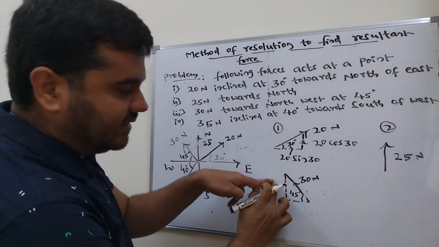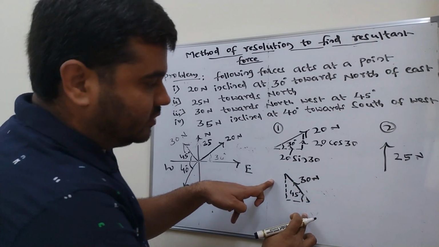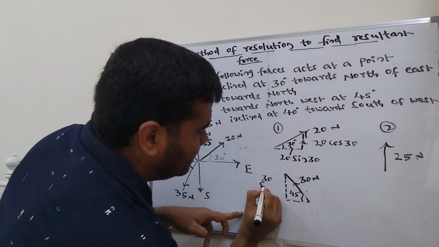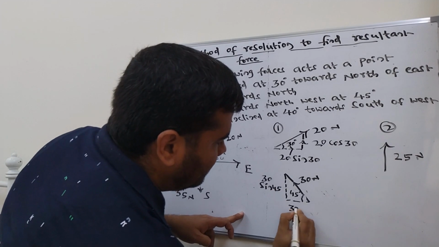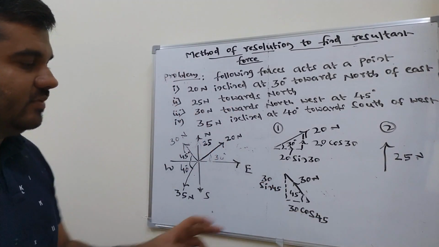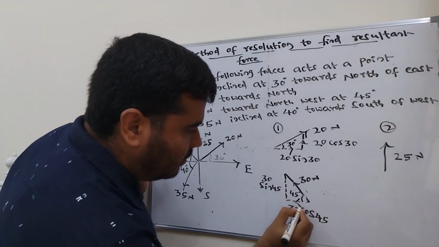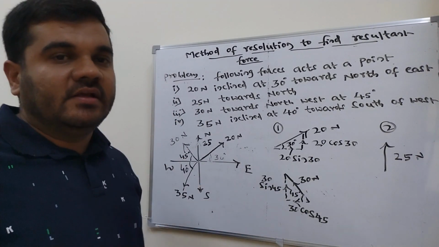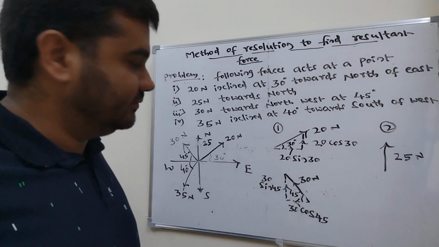This opposite side is the sine component, and downward is the cos component. So this is 30 sin 45 and this one is 30 cos 45. The arrow marks go like this, because arrow marks are very important while adding the individual components. Like this you are getting the resultant.